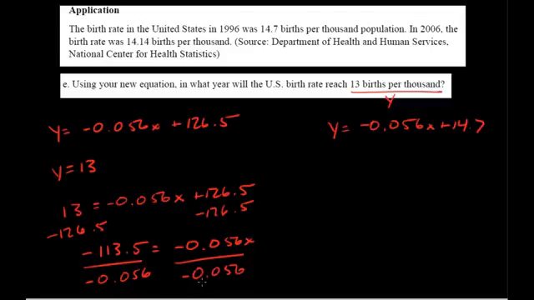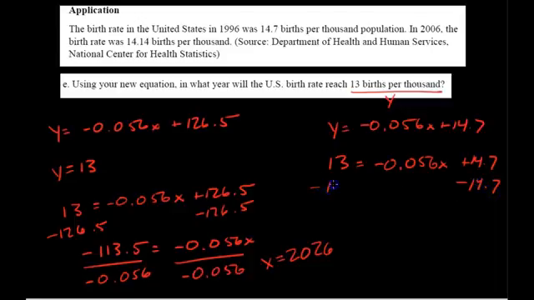Sorry, let me try that again. Negative 113.5 divided by negative 0.056. If I do my division, I get x is equal to 2026 or thereabouts. Let's try it over here. 13 is equal to negative 0.056x plus 14.7. I subtract 14.7 from both sides.